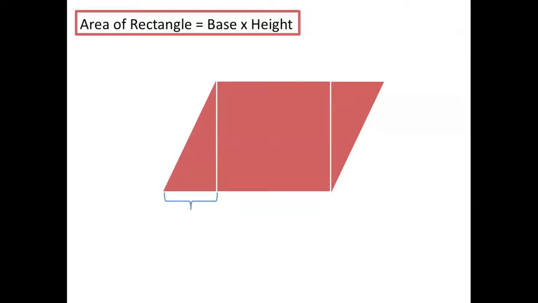Let's say the base of this triangle is length x, which is going to be equal to the base of the other triangle because they're both congruent triangles. And then let's say that the length of this side of the rectangle is y, which means that the other side is also going to be y because it's a rectangle and opposing sides are equal in length. And lastly, let's say that the height of both the triangles and the rectangle is h.